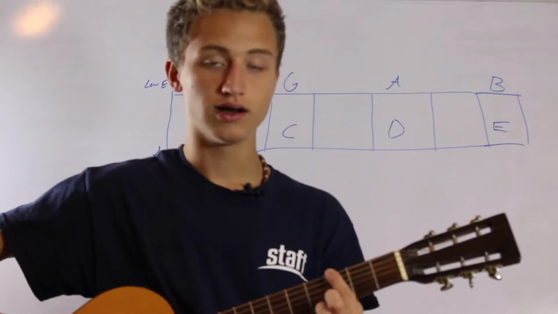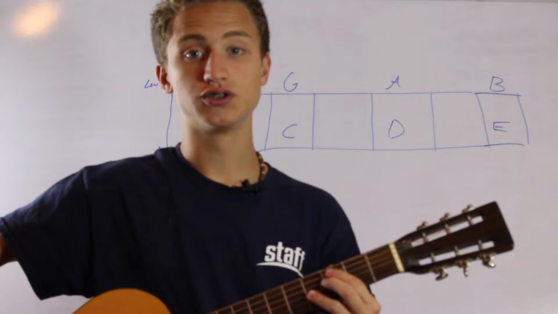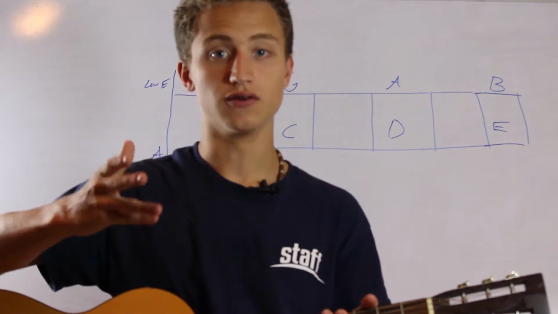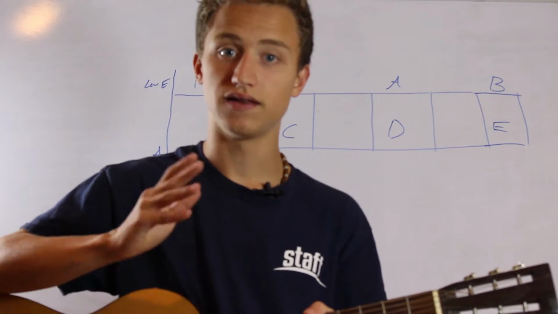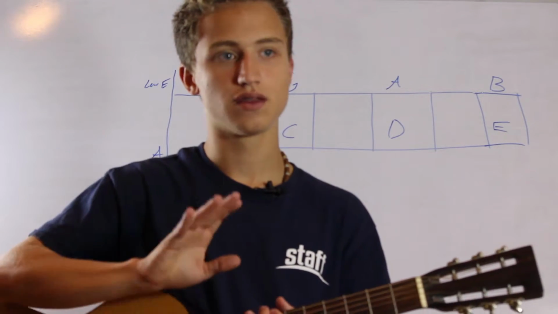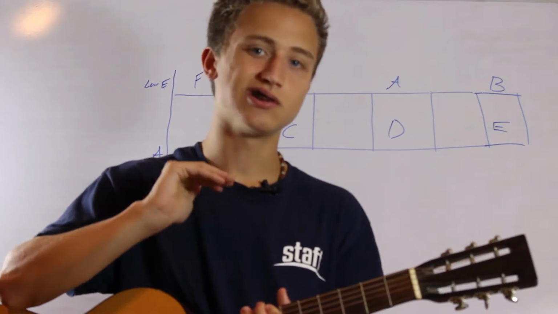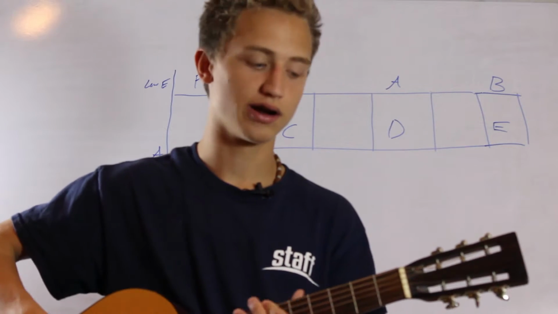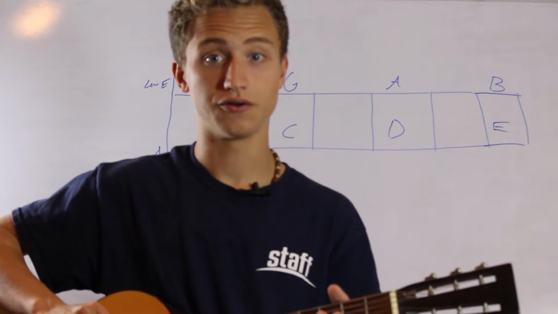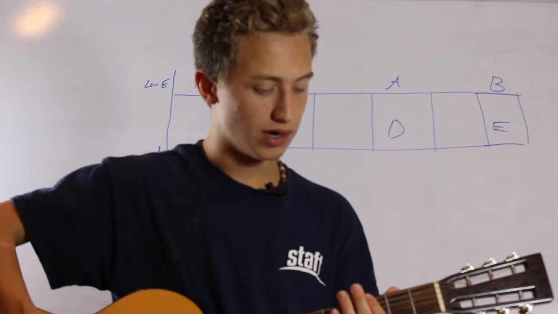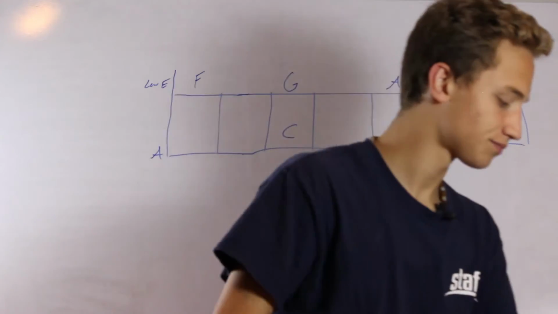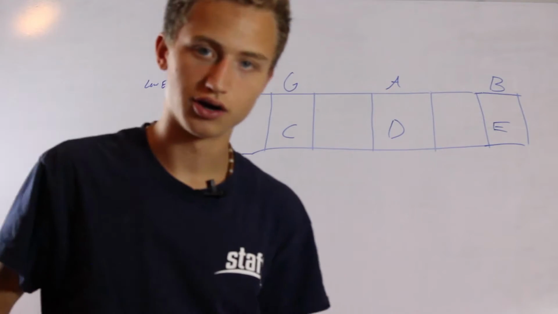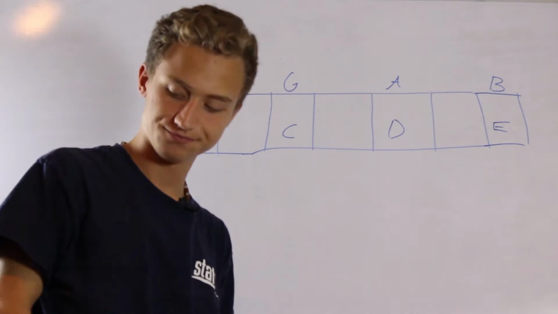With a G, there's usually a C chord within those songs. And with an A comes a D within the songs. The B and E don't really fall under that category, and neither do the F and the E. But starting with those 4 notes will be a good start for your first song usually.